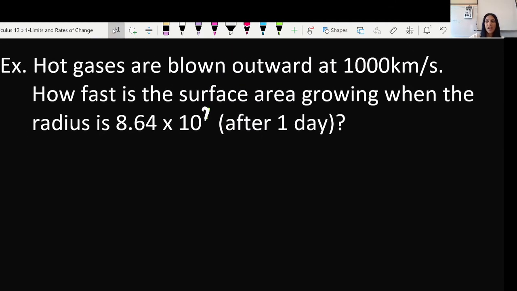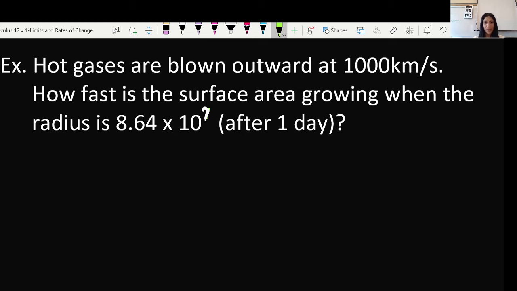So, again, I would say at this point, pause the video, try this on your own, see how you do with it, and then hit play again when you're ready for it. But let's take a look at what's going on here. If hot gases are blown outward, we've got to think of what it is that we're talking about.